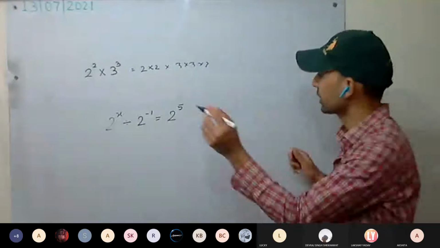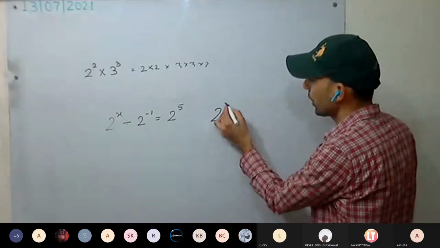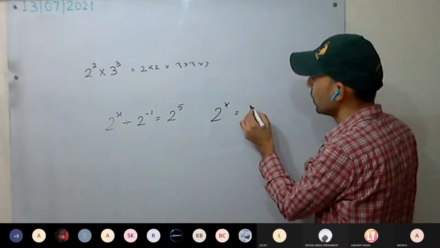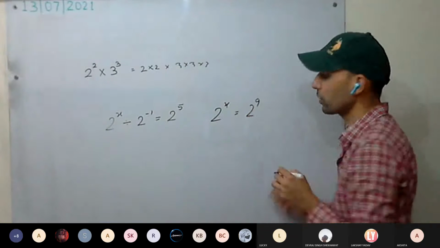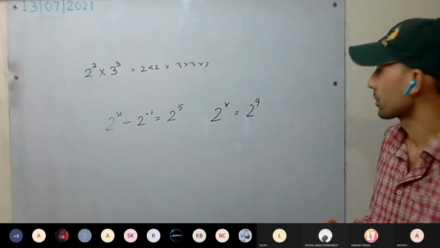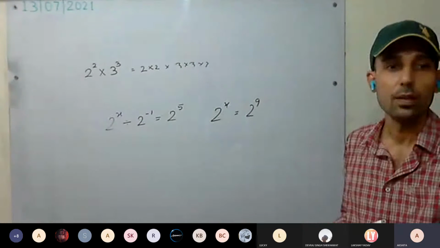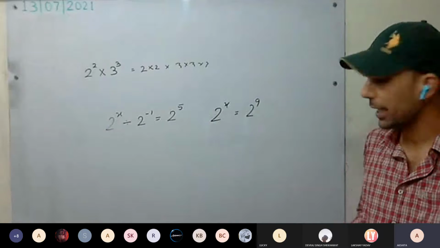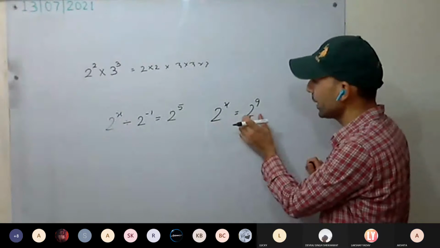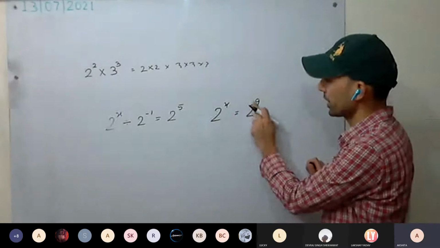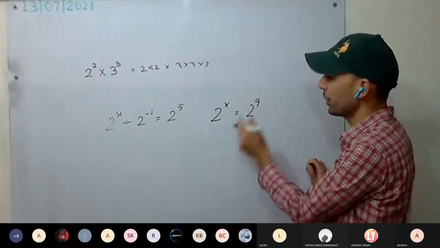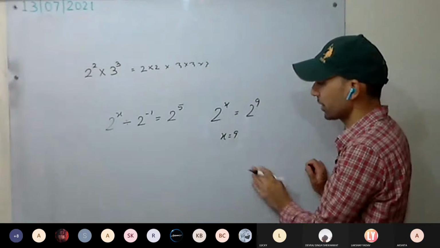If base are same, give me this answer: 2 raised to power x equal to 2 raised to power 9. What will be the value of x? 9. See here, if base are same, it means we can equate the powers.